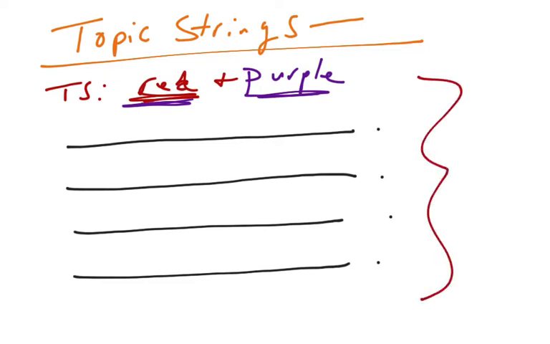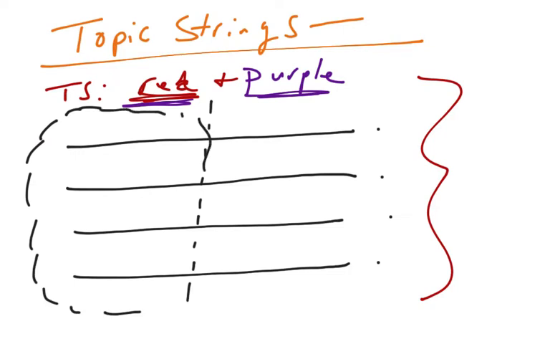When I am examining the topic string, I'm interested in a very specific location. And that location is the words that are located to the left of the midpoint of each sentence.